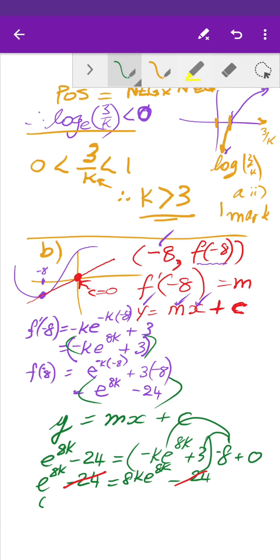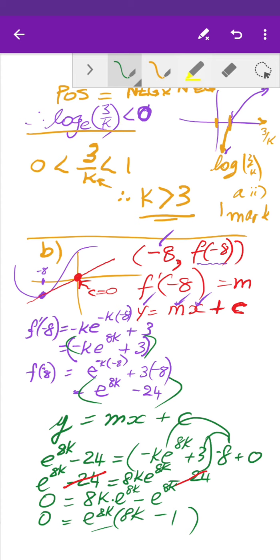So 0 equals 8k e to the 8k minus e to the 8k. Therefore, e to the 8k is common, leaving 8k minus 1. Now, e to the 8k cannot equal 0, but this can equal 0. Therefore, 8k minus 1 equals 0. Therefore, k equals 1/8. And that's for 2 marks.